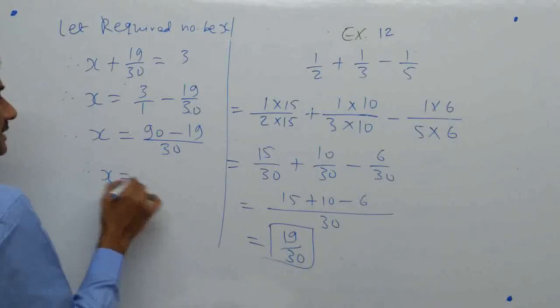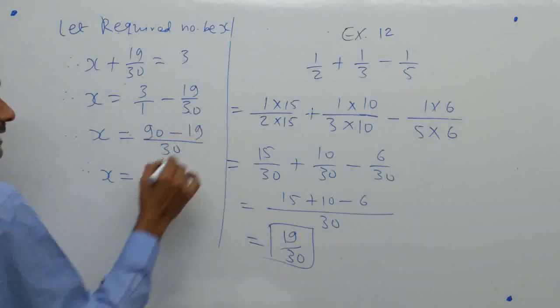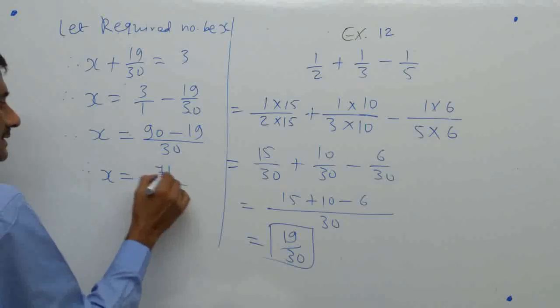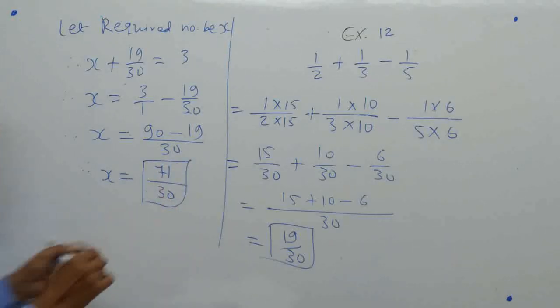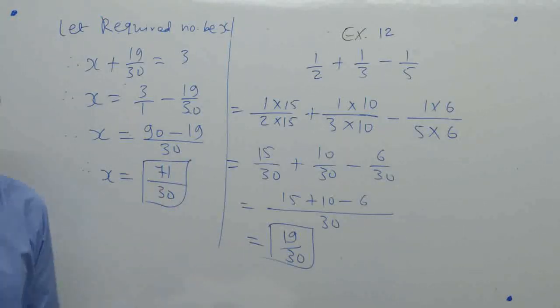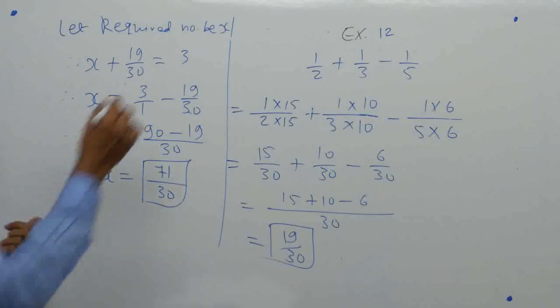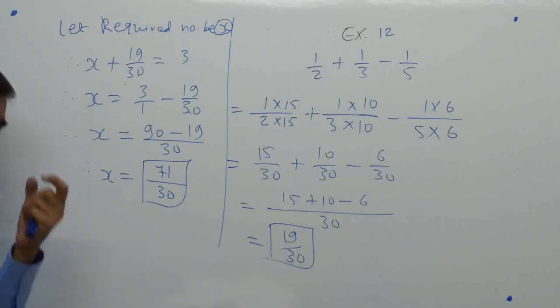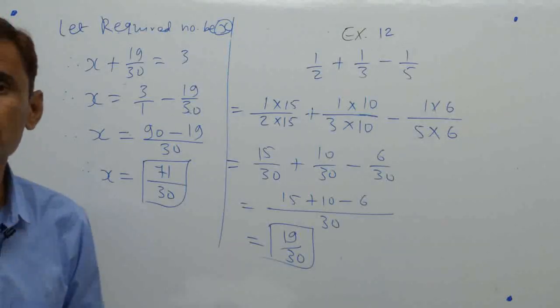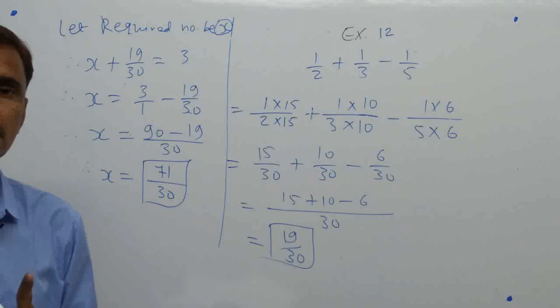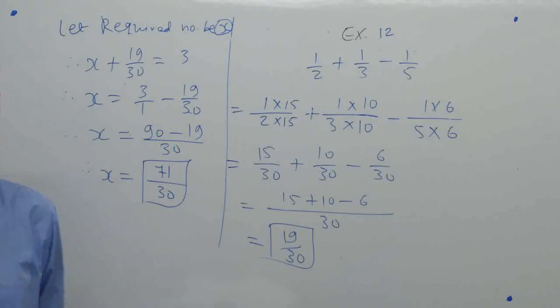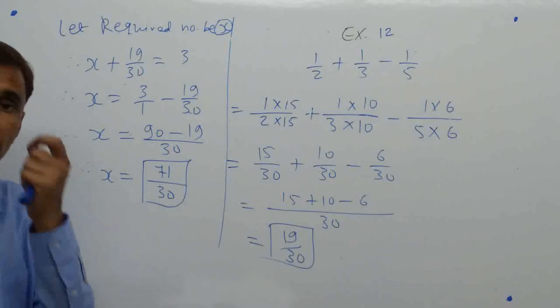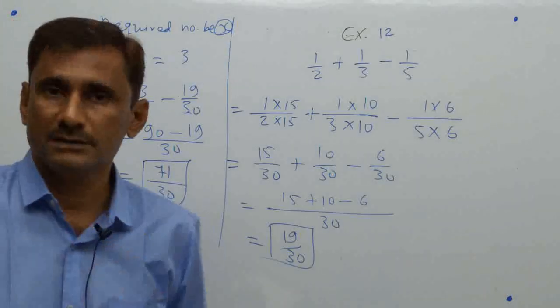Therefore x will be how much? 10 minus 9 is 1, 8 minus 1 is 7. No cancellation is possible, so that is our final answer. Because x is our own supposition, whenever you suppose something, the statement should be there in the answer. Purely in statement form only, give your answer.